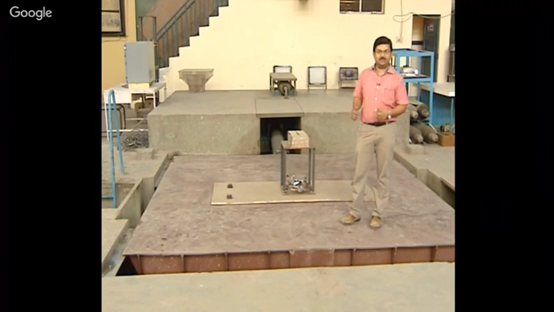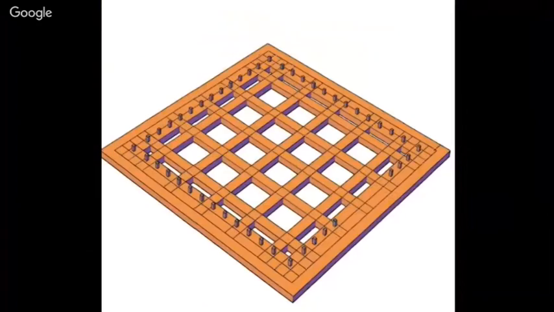With the help of these three actuators, this entire platform can be moved in one vertical plane, horizontal and vertical. And that helps us to study the simultaneous effect of horizontal as well as vertical earthquake ground motion on the model specimen that we can mount on top of this platform, and study its behavior during an earthquake, how it would perform during an earthquake.